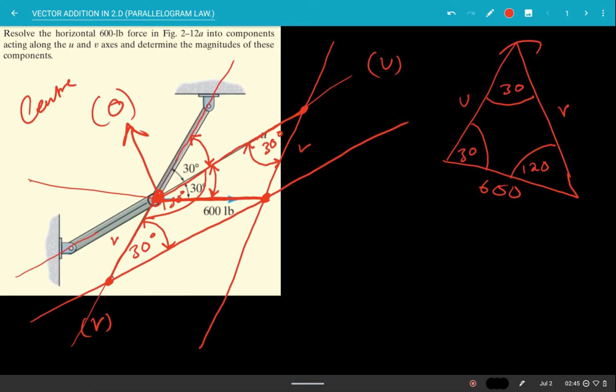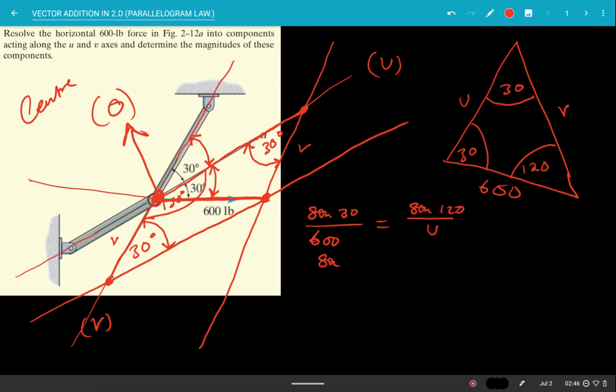So remember, start with what you have. So I'll say sine 30 over 600 is equal to what I want. I can start by looking for U or V. I'll start with U. So I'll say sine 120 over U. Then I'll cross multiply.